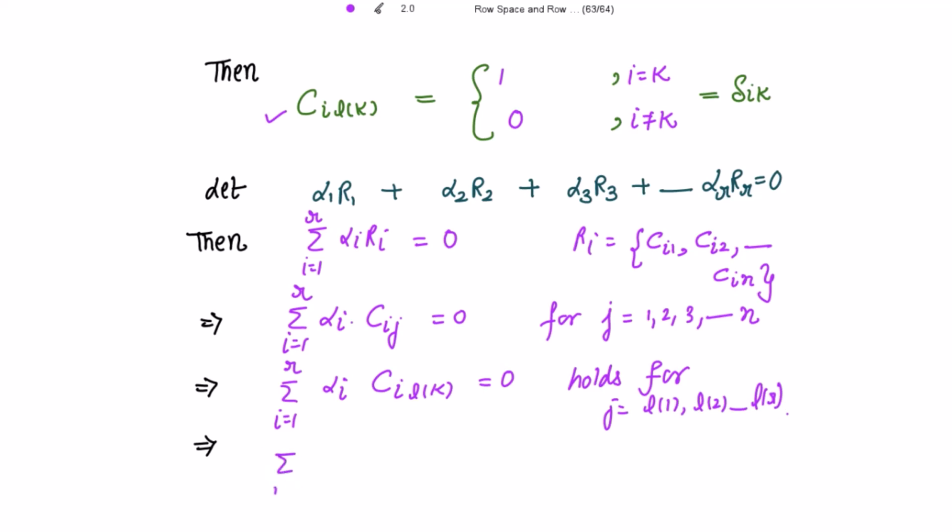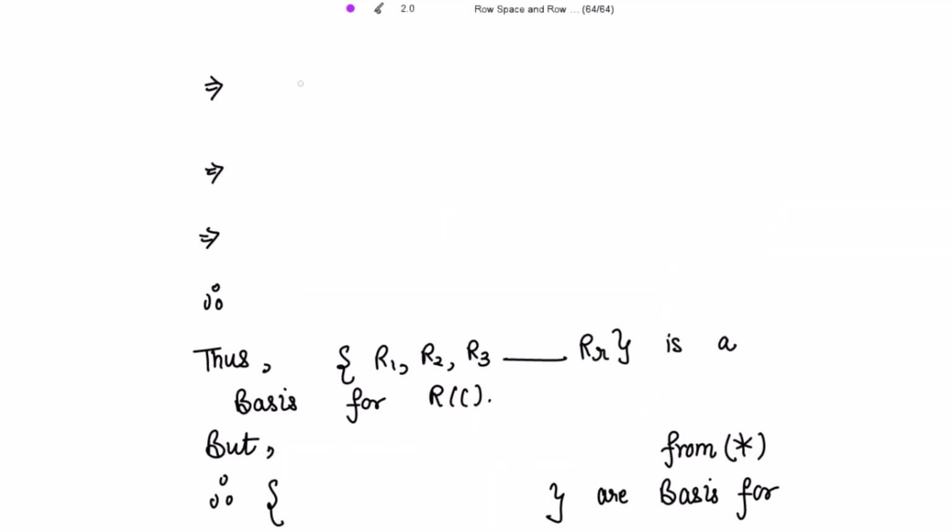Then further, this is the summation i going from 1 to r, alpha_i, and this is your Kronecker symbol delta_ik, where k is defined from 1 to r, and here also we should write the condition that k is from 1 to r, right? And now this is non-zero when i is equal to k, so alpha_i should be zero for i equal to k. So this implies for i equal to k, alpha_k is equal to 0, where k is from 1 to r, right?